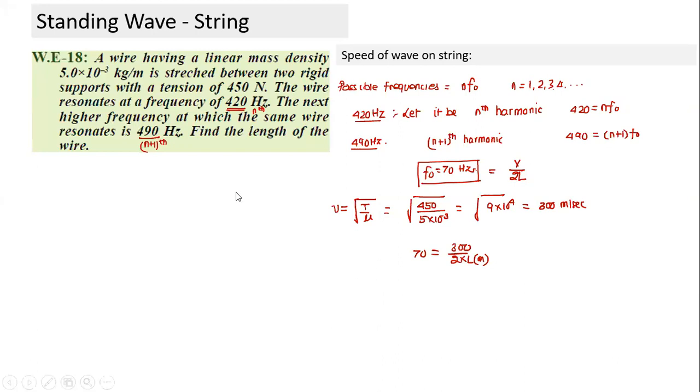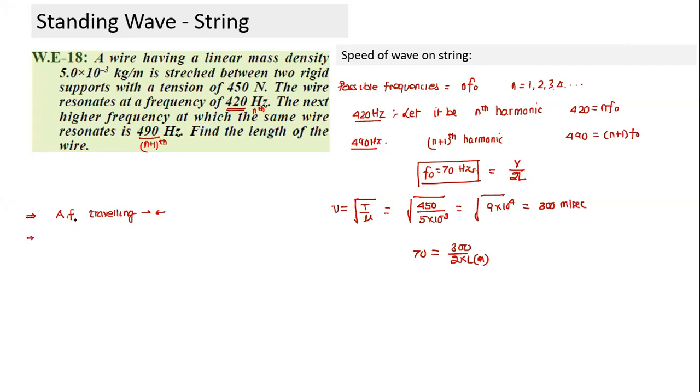What have we done today? What is a standing wave? Actually, for this topic most of the questions are fairly simple. What gives rise to a standing wave? Waves of equal amplitude and equal frequency traveling in opposite directions give rise to a standing wave.